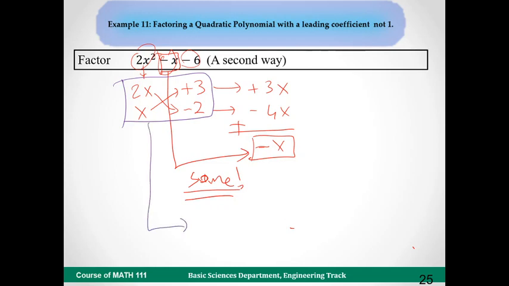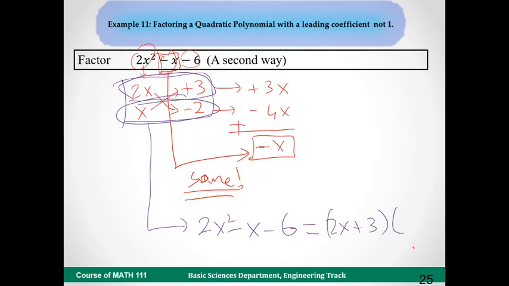So we write the factorization of it as 2x plus 3 times x minus 2. You will write them here, like this one and this one.